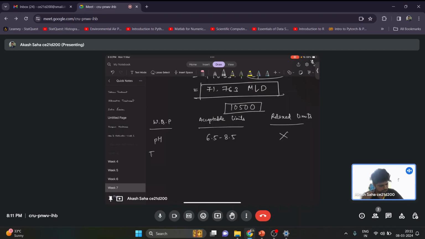In the case of turbidity, we have 1 NTU and the relaxed limit is 5 NTU. In the case of TDS, it is 500 milligram per liter and 2000 milligram per liter.